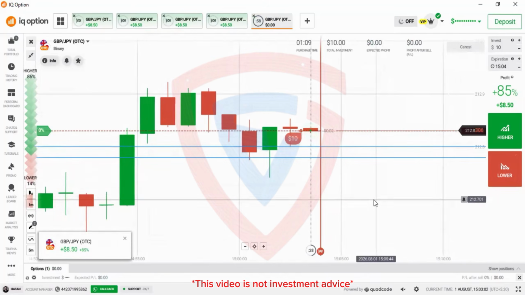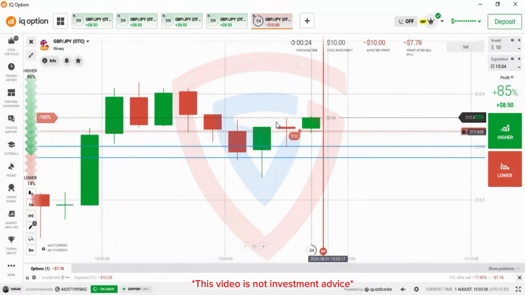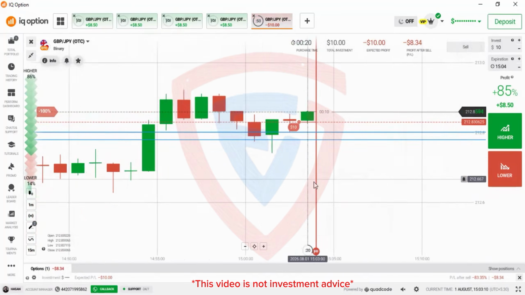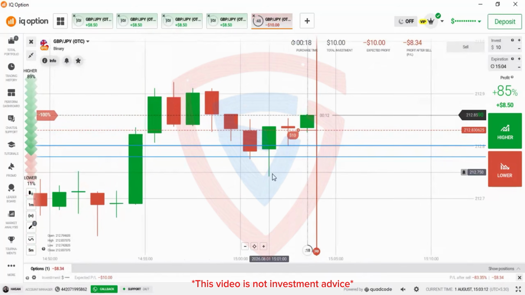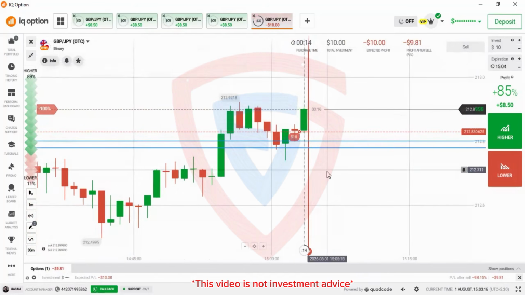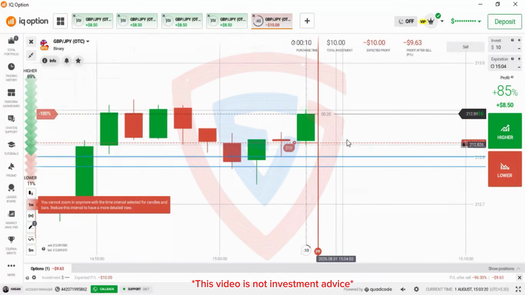Okay, I'm going to place a lower option trade again. So I placed a lower option trade again because I saw a seller's entry. Still the market didn't reach this level. So I'm expecting it will go down till this point again, at least till this point again. Okay, no. So it rejected from the level, and buyers entered directly.